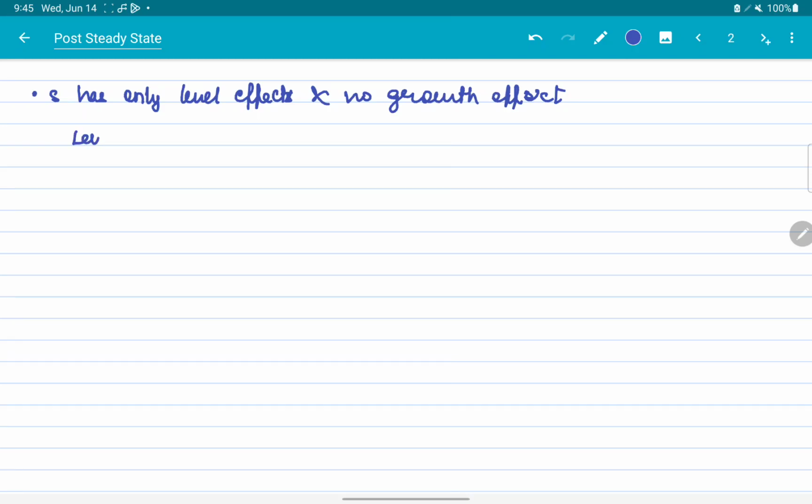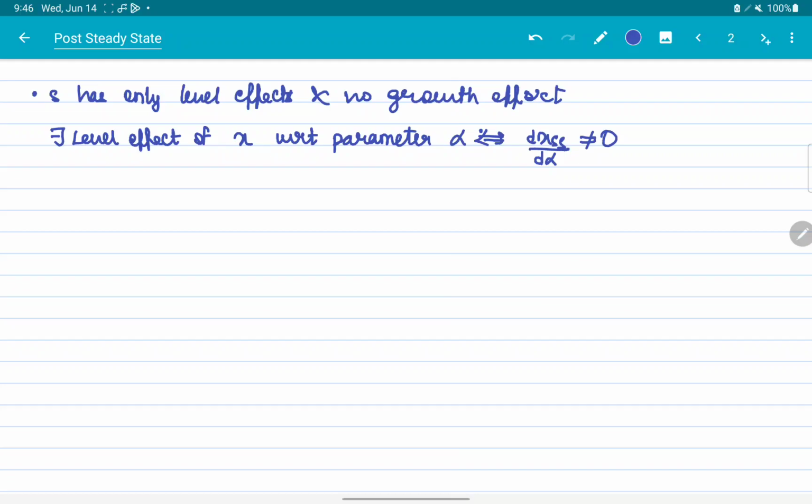So existence of a level effect of x with respect to parameter alpha is equivalent to saying that the steady state value of x does get influenced by the value of alpha.